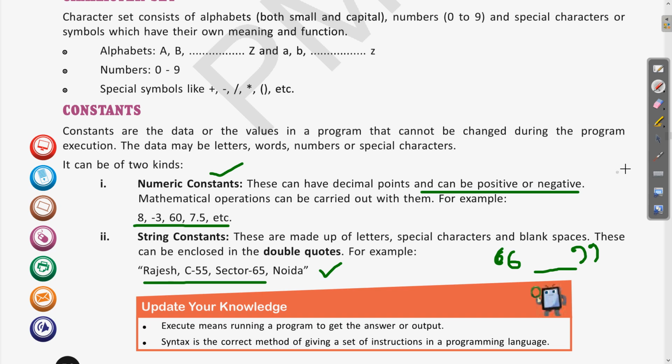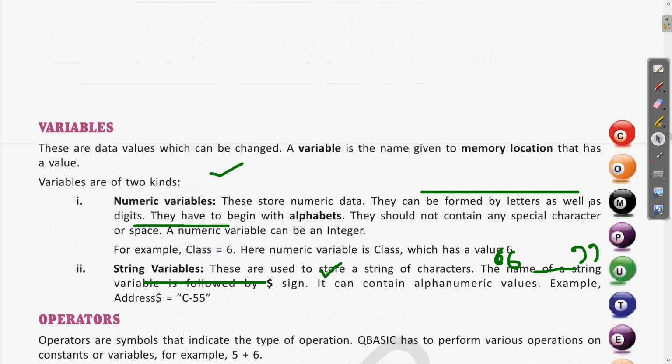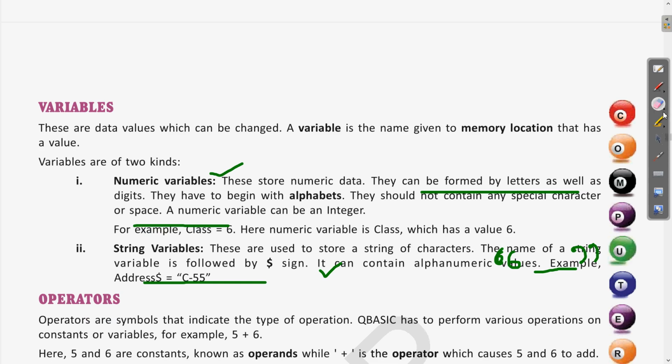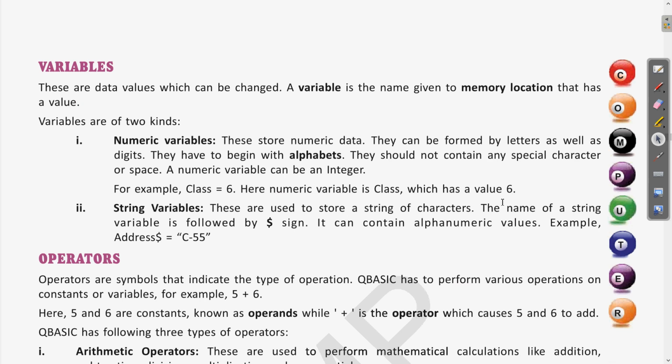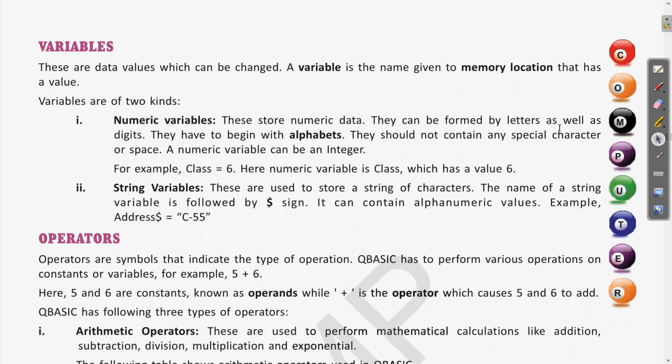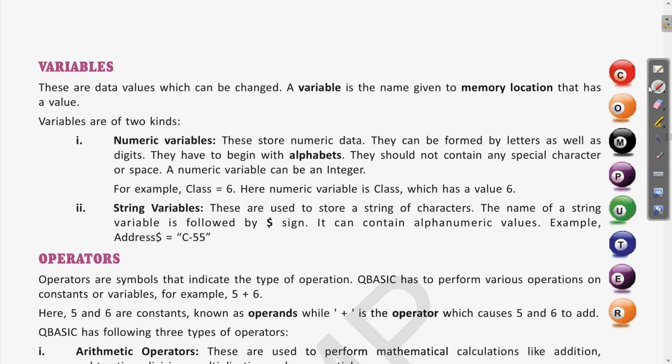And then we saw what variables are. A variable is something whose value keeps on changing. For that we saw the example of a memory location: whatever data we are saving in the computer, suppose we save the value 10 and the name of this memory location is x.